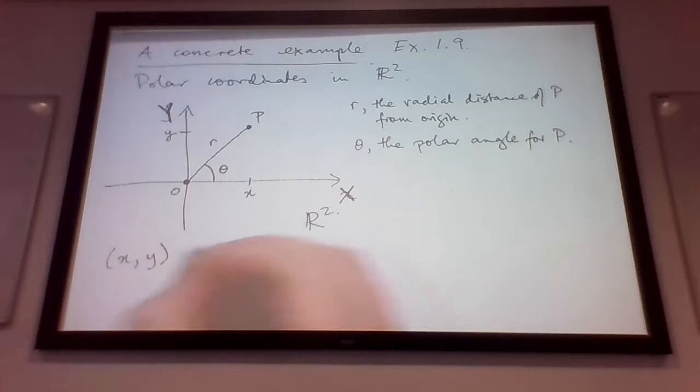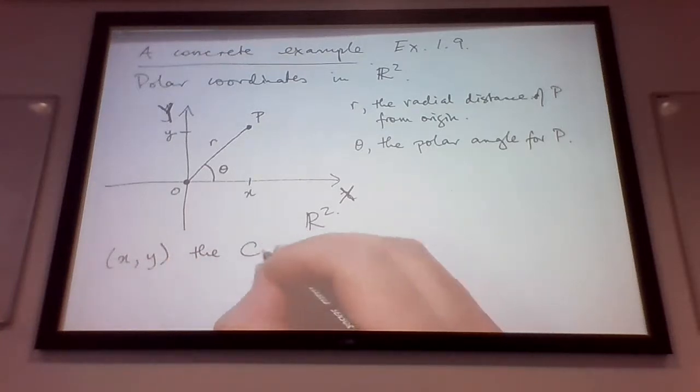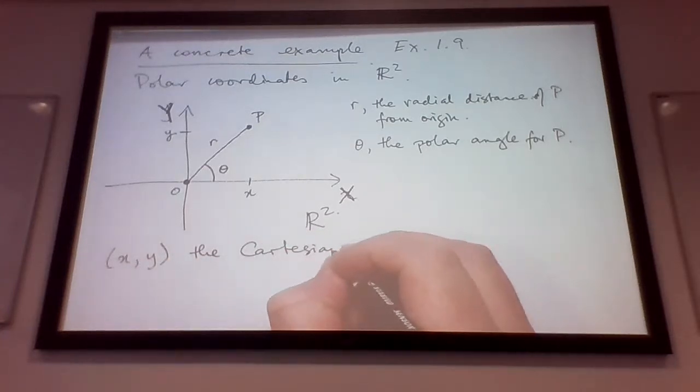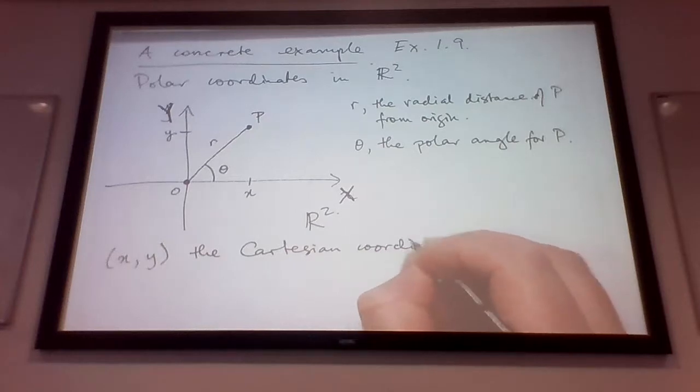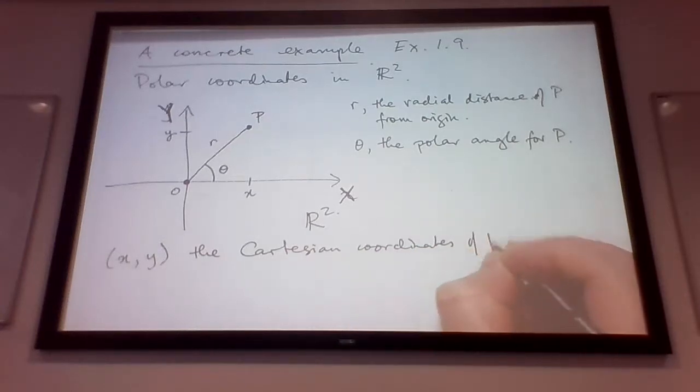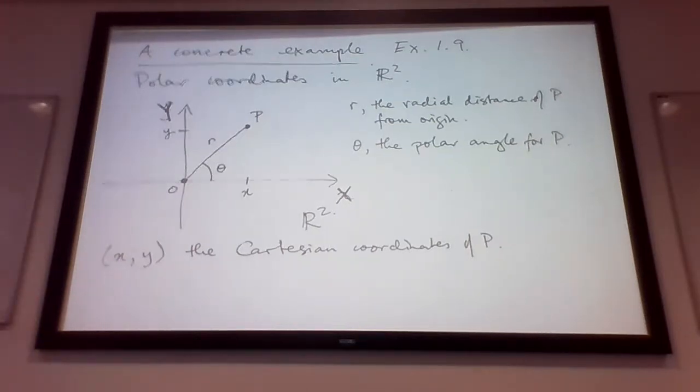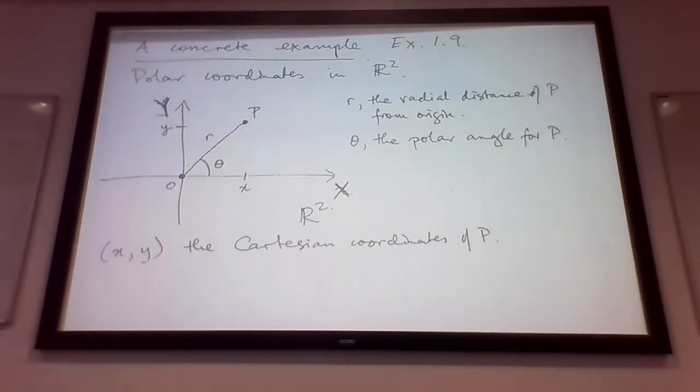So the pair of values x, y are the Cartesian coordinates of the point P. Cartesian should be capitalized. It's named after Descartes, French philosopher. Mathematician. I mean, they were all the same back then, really.